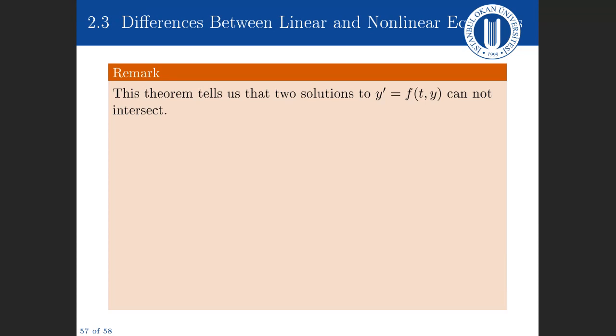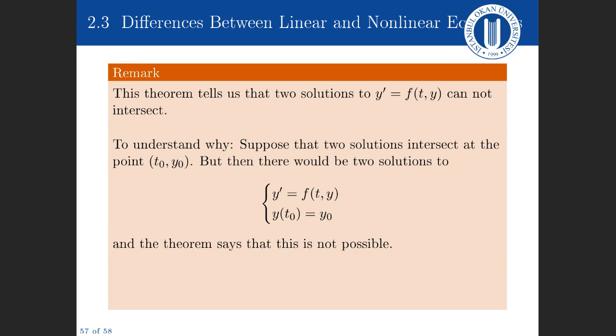But it does tell us that two solutions to y prime equal to f of t, y cannot intersect. To understand why this is true, suppose that in fact the opposite happened. Suppose that two solutions did intersect at a point. Suppose we have a solution which looks like this, and we have another solution which looks like this.